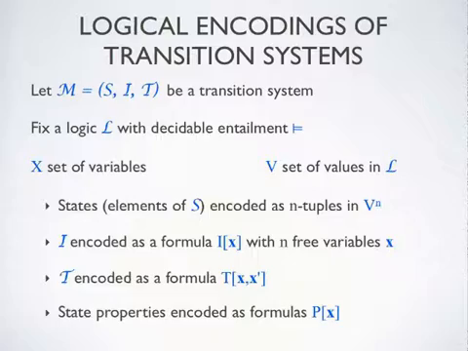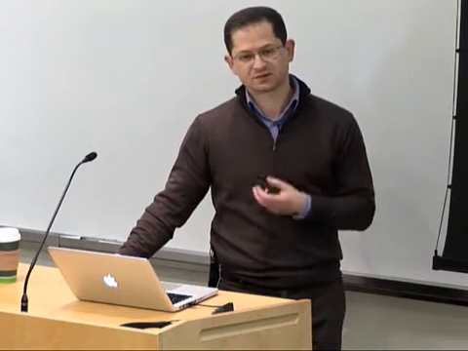Let me give you a very little technical background. This is mostly notation, stuff that at least the audience here understands well. We can look at transition systems as usual as defined by a triple S, I, T, where S is the state space, I is the set of initial states, and T is a transition relation over the states that defines the behavior of the system. But as I mentioned, we would like to encode such a system in a suitable logic.